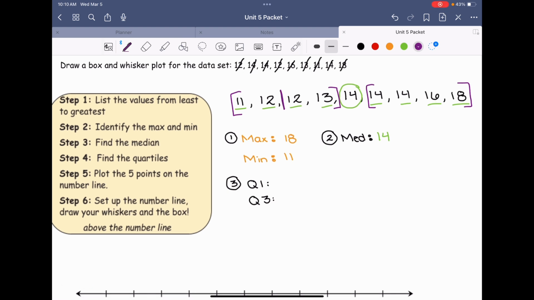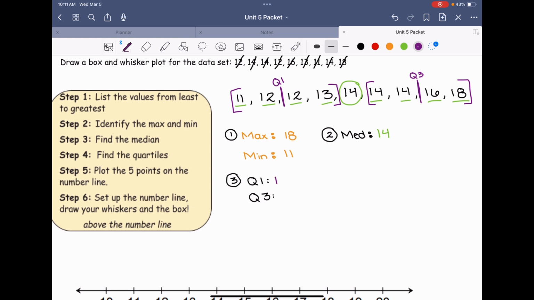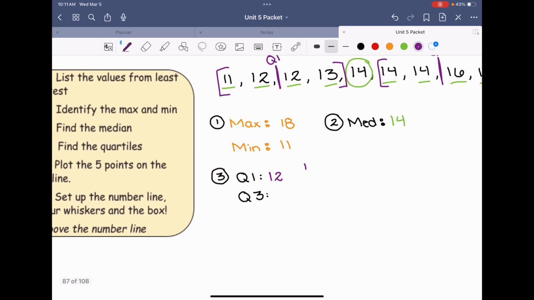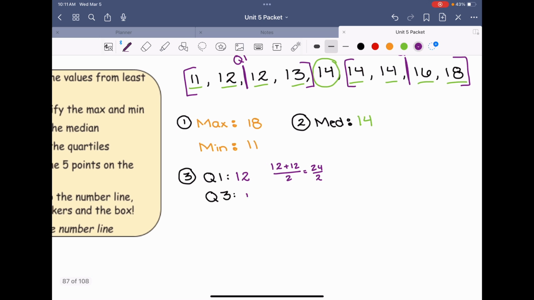So that means my quartiles should be in the middle of those 2 numbers. So quartile 1, well, the value that's between 12 and 12 is just 12, because there can't be another value in between them. If you need to make sure that that is true, if I add them up, 12 plus 12, divide by 2, 24 divided by 2, that's how I'm getting 12. Do the same thing for quartile 3, 14 plus 16, we're taking the average to find the middle number.